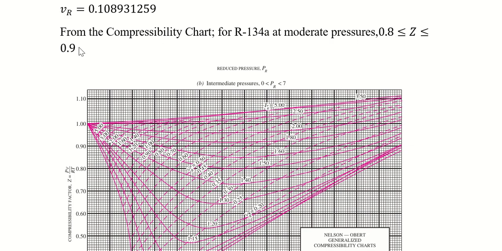So even before you use your chart, you should be able to know what value you anticipate. The value you want is going to lie from here to here. It should lie in between these two.